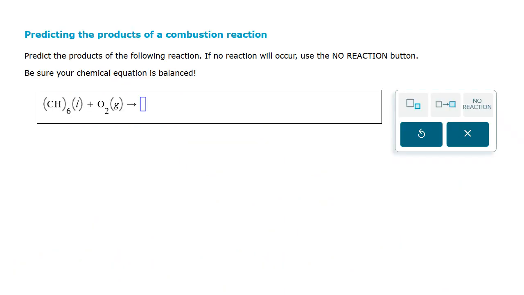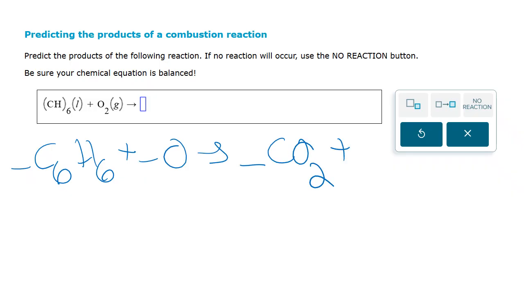Here we have another example of C6H6 plus O2. It forms carbon dioxide and water. Doesn't matter which order we put those in. We're going to balance carbon first, then hydrogen.